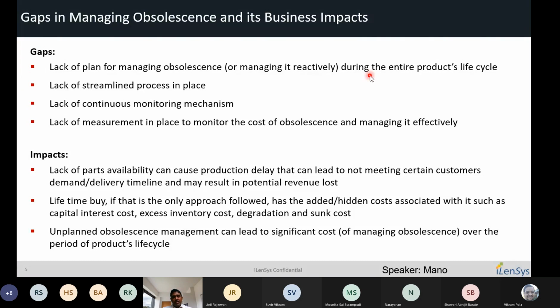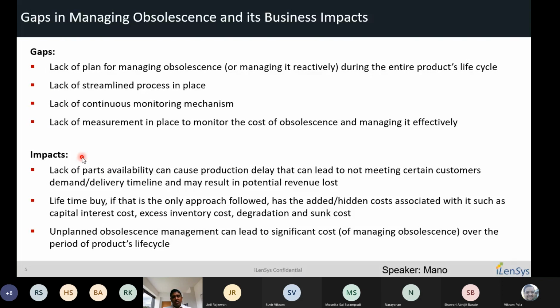Okay, and it is reactive probably because of lack of a streamlined process in place, no continuous monitoring mechanism, and no measurement in place to monitor how much cost we are spending for managing the obsolescence. So these are the major gaps that we are able to observe in general, and the business impact of these gaps is lack of parts availability, and that can lead to a production delay.